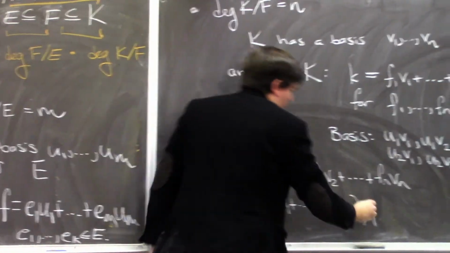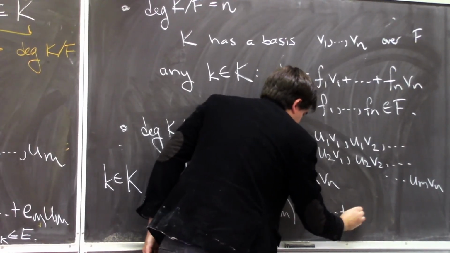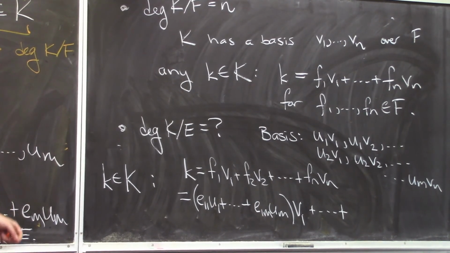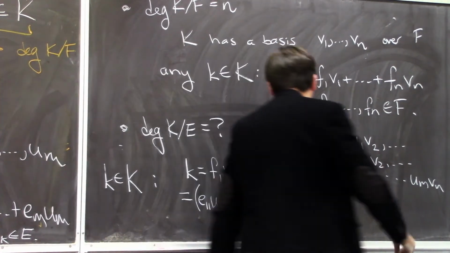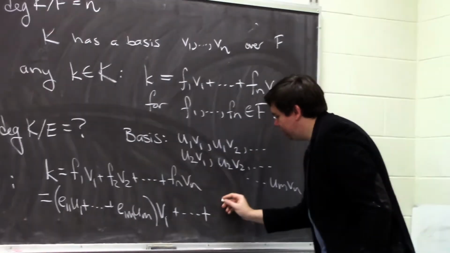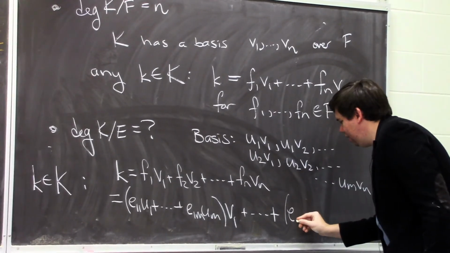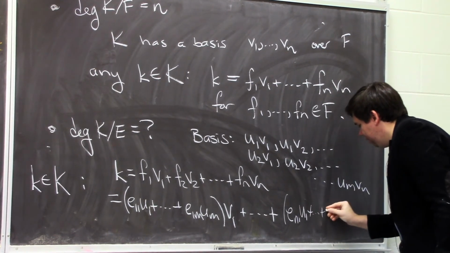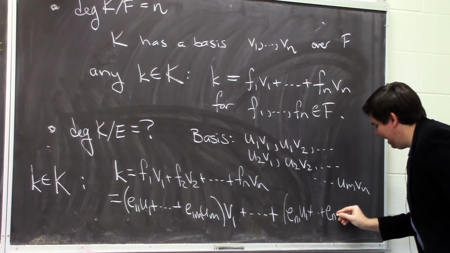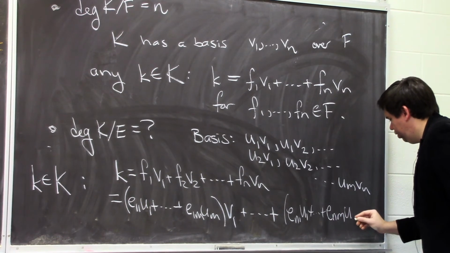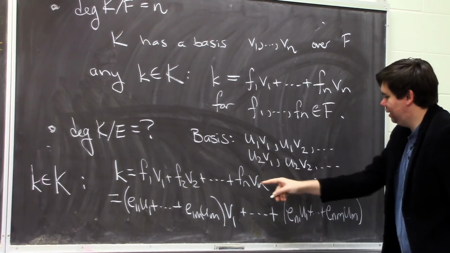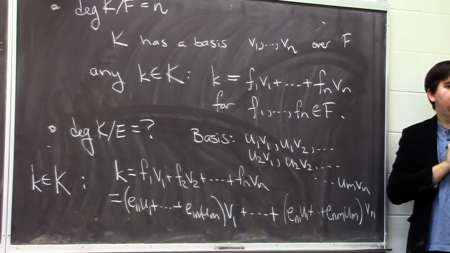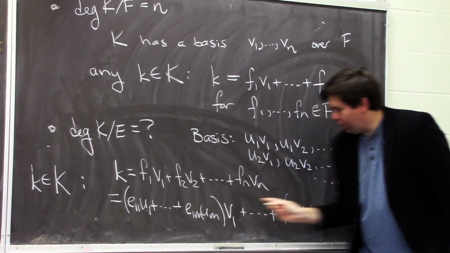And you can rewrite all of your F's as linear combinations of these u1 through um's. So this last F is going to be, we'll call it, En1 u1 through Enm um, and that's times Vn. But then what do you get if you multiply this all out?